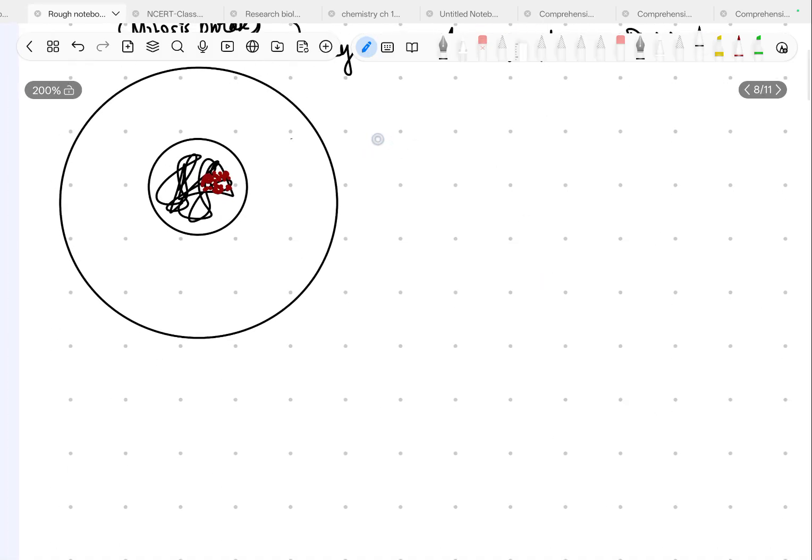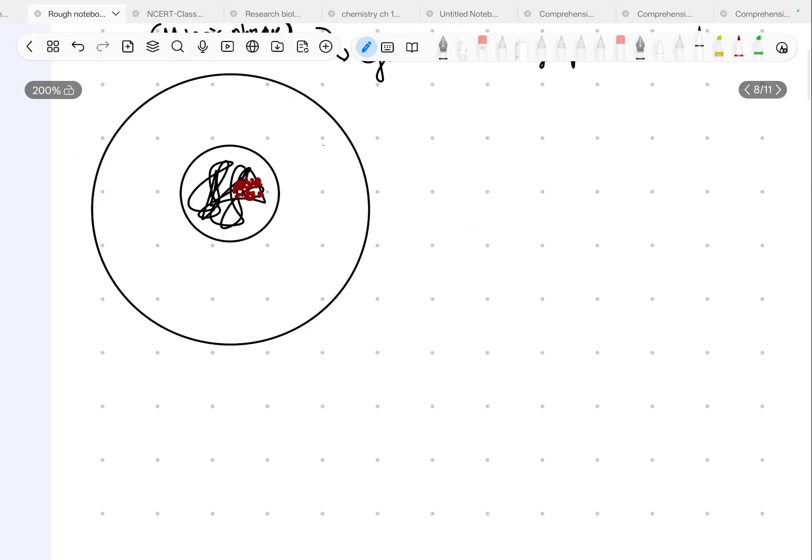We are only focusing on the nucleus and centrosome, and most importantly the chromosomes.